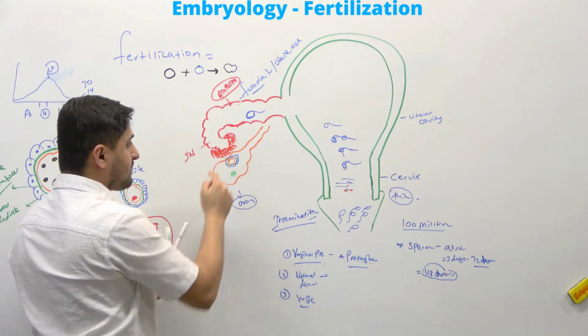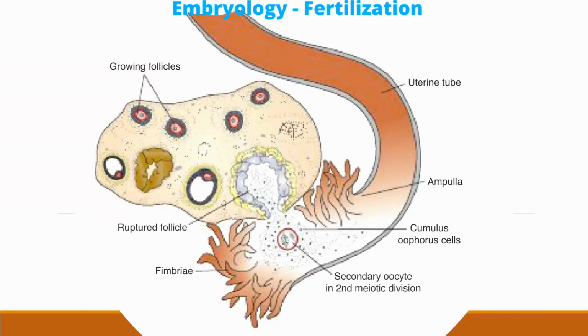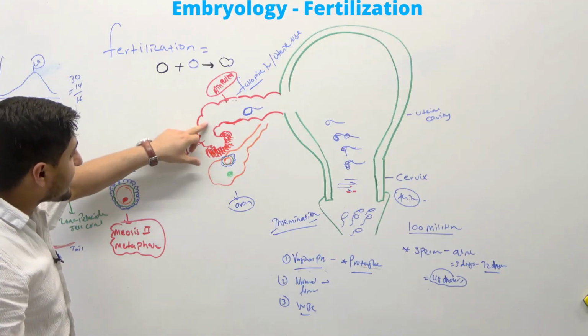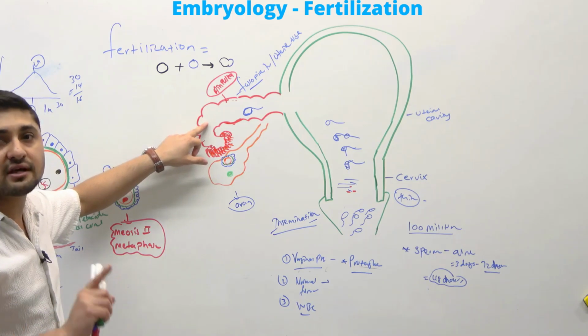That's what happens. Now, when the follicle ruptures right here, there is a release of the secondary oocyte. And then the fimbriae right here pick up the secondary oocyte. Remember, it is still a secondary oocyte.